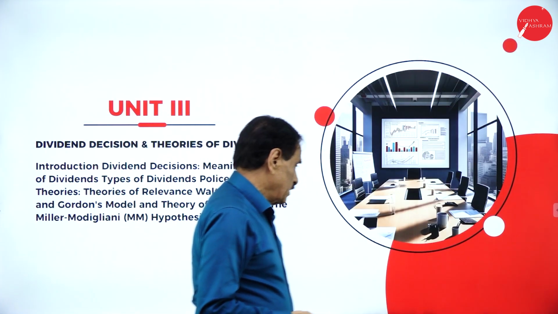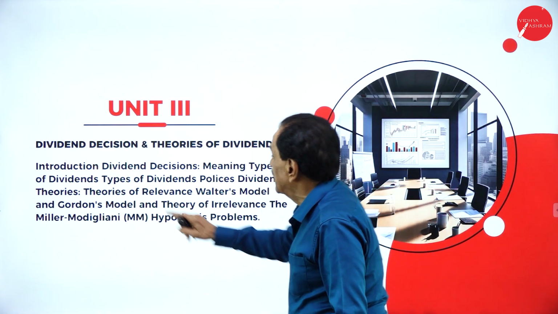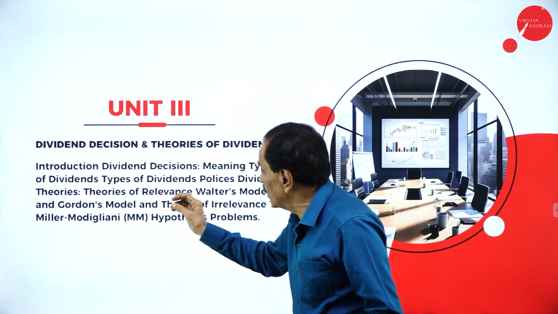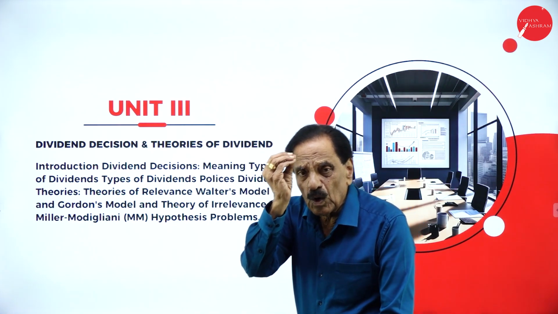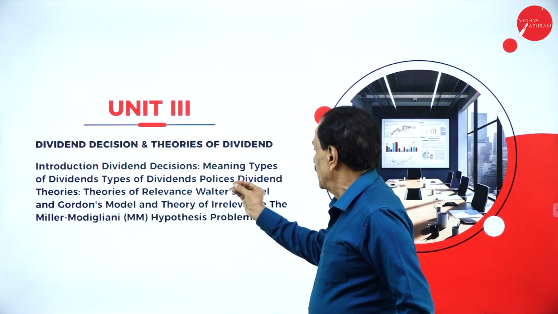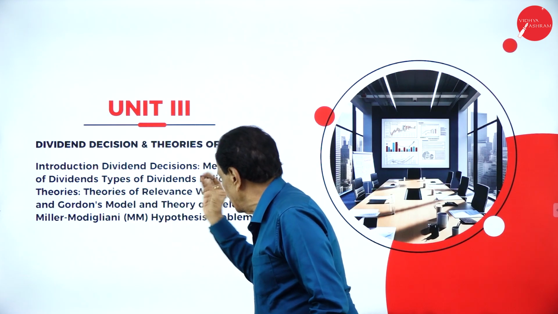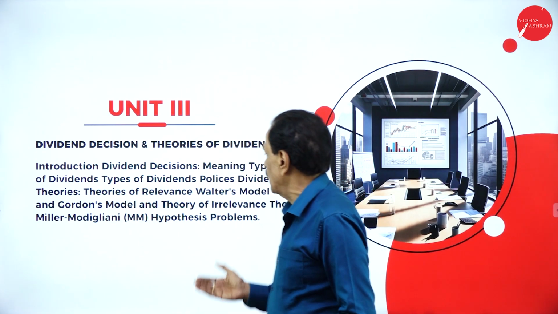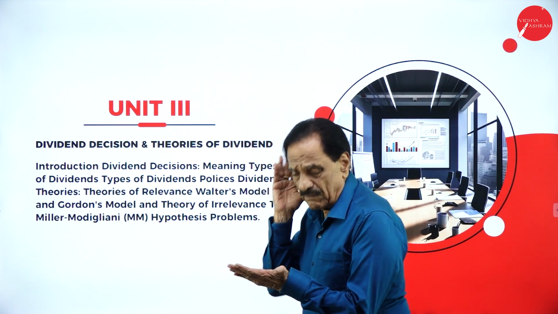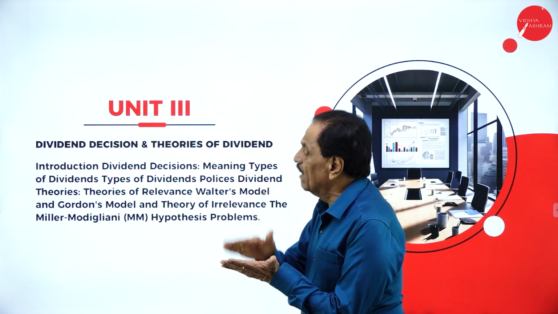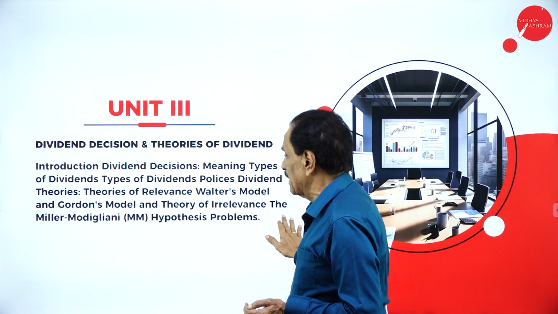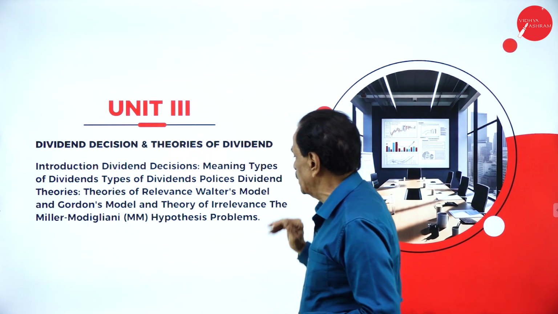Then come back to unit 3, dividend decision and theories of dividend. Introduction: here we are going to explain what you mean by dividend, meaning and types of dividends, policies, dividend theories, and theories of relevance. Here we are going to study Walter's model, Gordon's model, and the theory of relevance hypothesis problem.